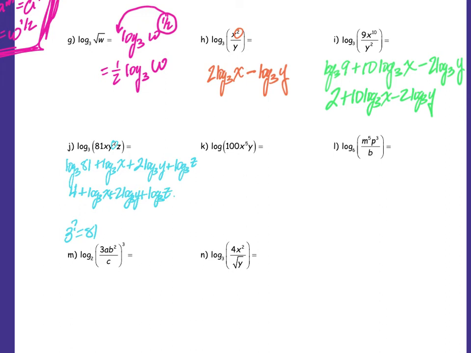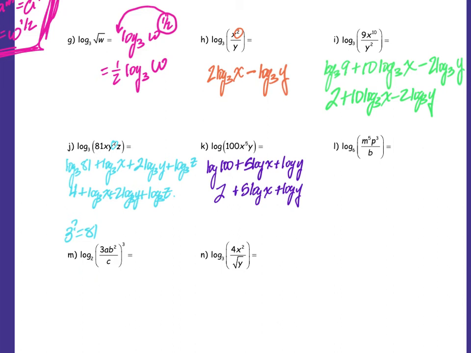And then the second one has 3 things multiplied together, which gives log of 100 plus 5 log of x plus log of y. And remember, if it doesn't have a base, it's base 10. So 10 to what power is 100? It's squared. So 2 plus 5 log of x plus log of y.